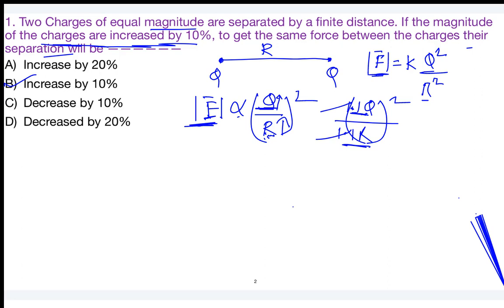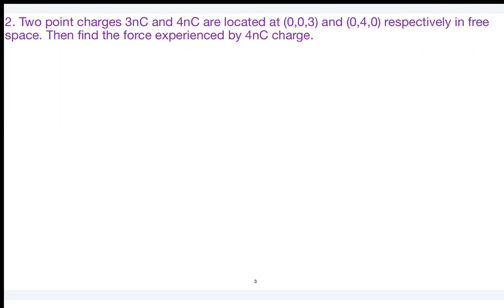There are 2 point charges, 3 nanocoulombs and 4 nanocoulombs, located at (0,0,3) and (0,4,0) respectively in free space. Then find the force experienced by the 4 nanocoulomb charge. Whatever they have given, I will try to put it in a diagram. So 3 nanocoulombs is located on the z-axis, you see 003.